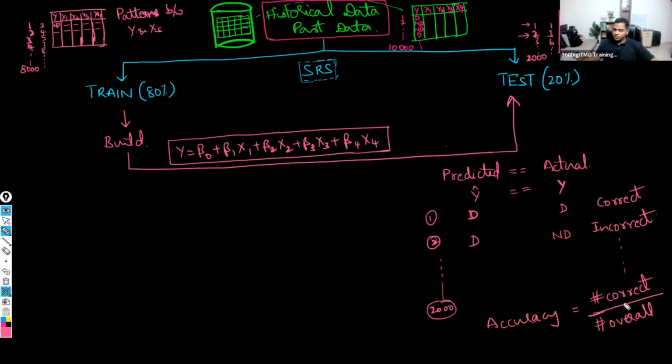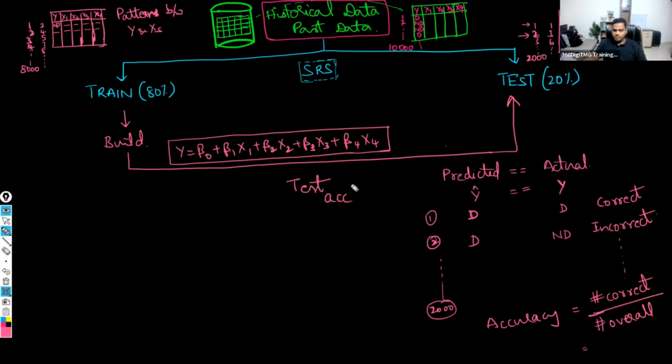So here you have accuracy, which is number of times you have correct predictions divided by the overall predictions. Say you have 1400 correct predictions out of 2000. That would give you an accuracy of 70%.